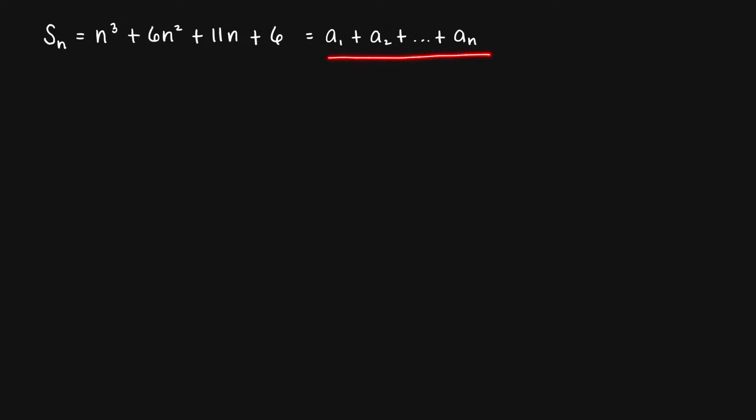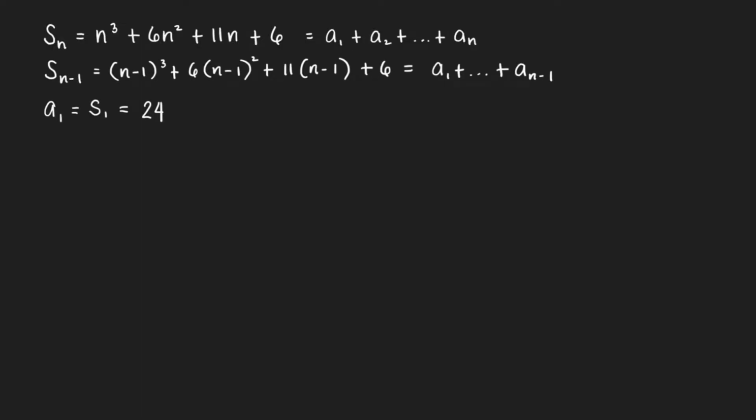If we look at the sum of the first n minus 1 terms, we see that it will be equal to this expression: a1 plus a2 and so on up to a sub n minus 1. Note that this sum holds only for n greater than or equal to 2 because we're starting with a sub 1 and ending with a sub n minus 1.